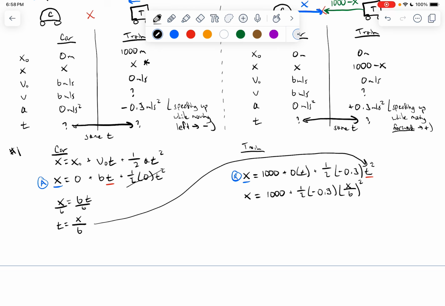So the way we can do that is we'll subtract the x over to the right side. But if we look at our 1/2 times negative 0.3 times x over 6 quantity squared, that's going to simplify to about 0.004167 x squared.